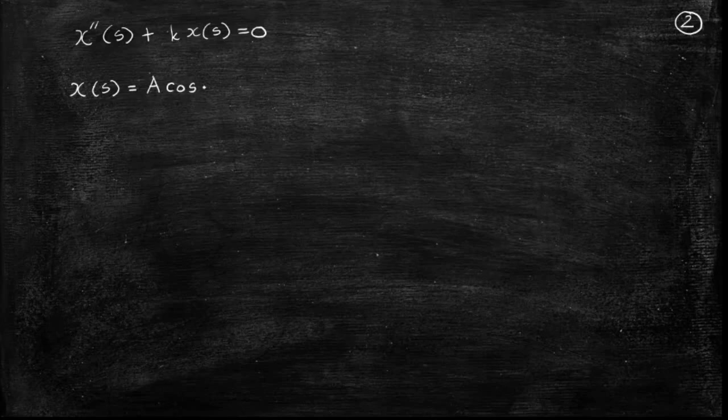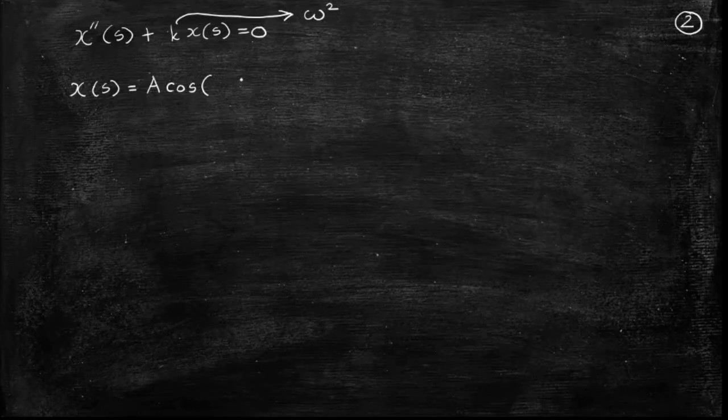a times cosine of root k s. Here k plays the role that omega square plays in normal simple harmonic motion. The usual solution to this is a cos omega s plus b sine omega s, but omega square is k, so you will get root k everywhere.